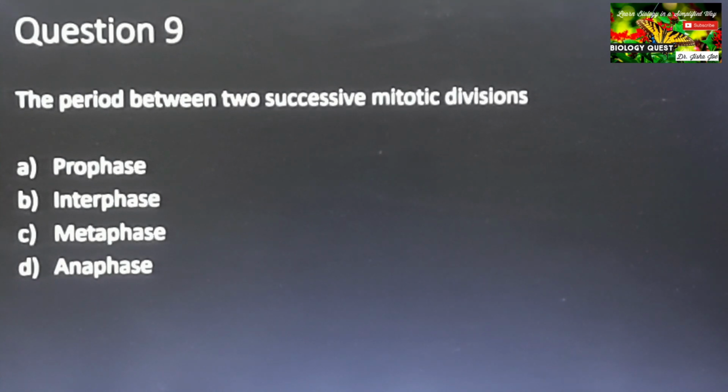The period between 2 successive mitotic divisions is interphase. It is the phase during which the cell grows and prepares itself for the next mitotic division. So the correct answer is option B, interphase.